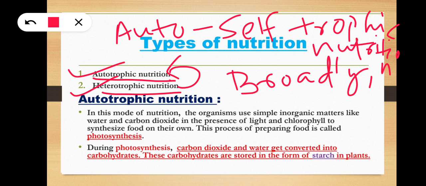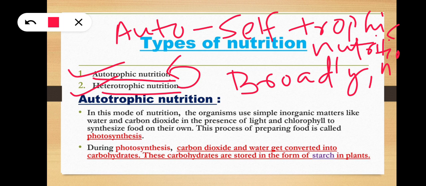That's why they are called autotrophic organisms, and this kind of nutrition is called autotrophic nutrition. In case of heterotrophs, they depend upon others for their food. They do not prepare their own food. That's why they are called heterotrophic organisms, and their kind of nutrition is called heterotrophic nutrition.